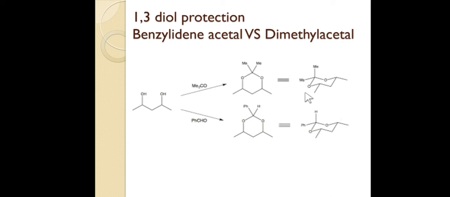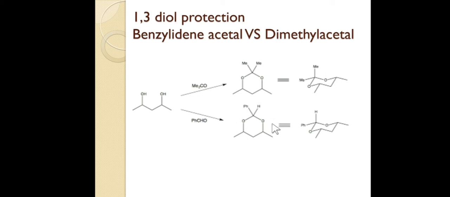Due to this axial methyl group there is a 1,3-diaxial interaction over here, and this molecule gets unstable. But if we do the benzaldehyde protection, benzaldehyde acetal, this is the structure of the benzaldehyde acetal.